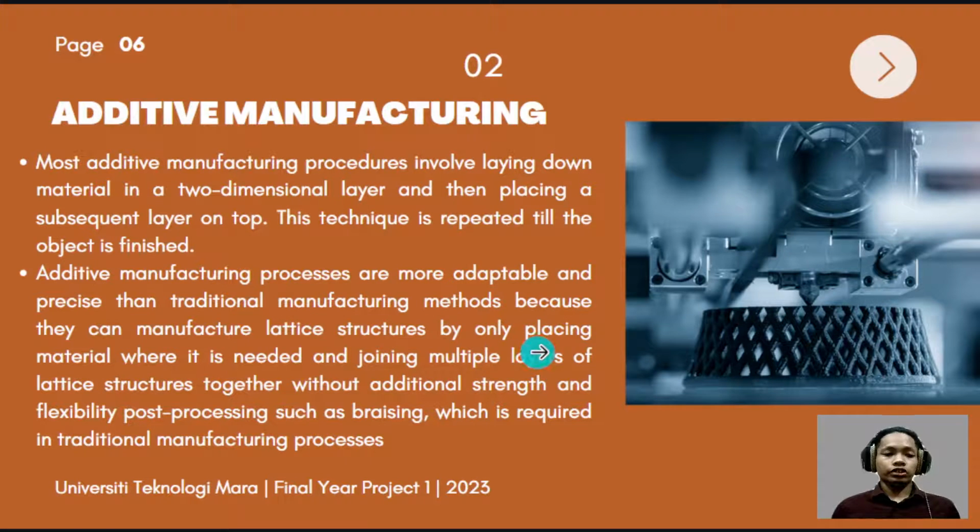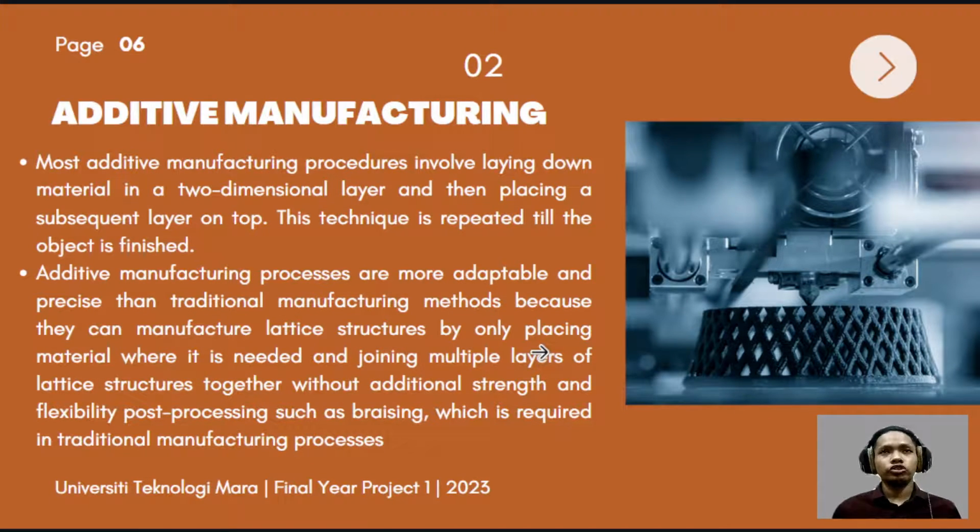For additive manufacturing, literature number 2, I find that additive manufacturing involves laying down material in a 2-dimensional layer, then placing a subsequent layer on the top. This technique is repeated until the project is finished.